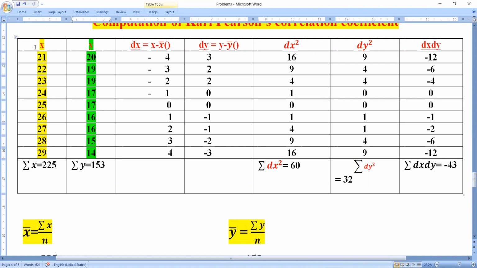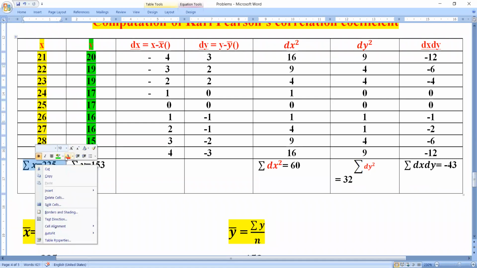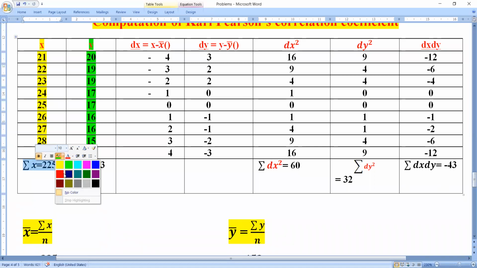So you should total the X series, the sum of the X series, which is 225.